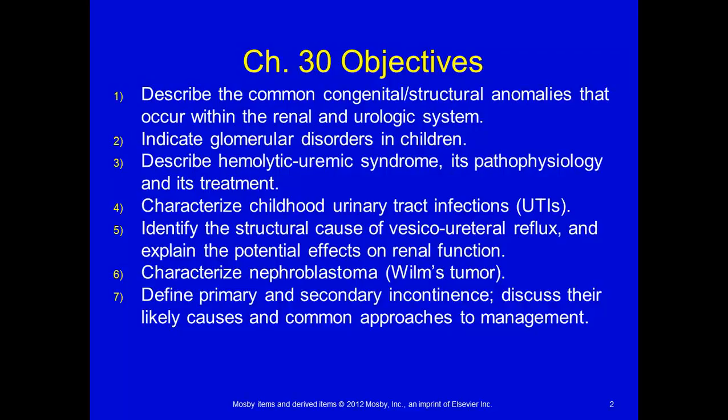So a lot of these structural things we're going to talk about first you won't see in an adult population, but then as we move through the morning, we'll talk more about filtration, glomerular type conditions, and those you could certainly see not only in the pediatric population, but with adults as well. Okay, so just wanted to say that at the outset.